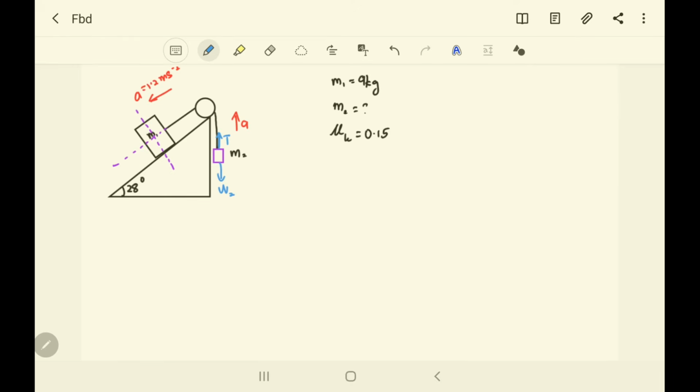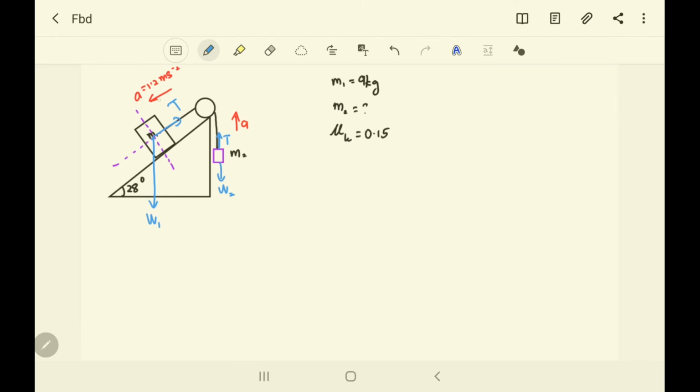So let's draw the free body diagram. So here we have W1. And this is the direction of the tension, always outward from the object.